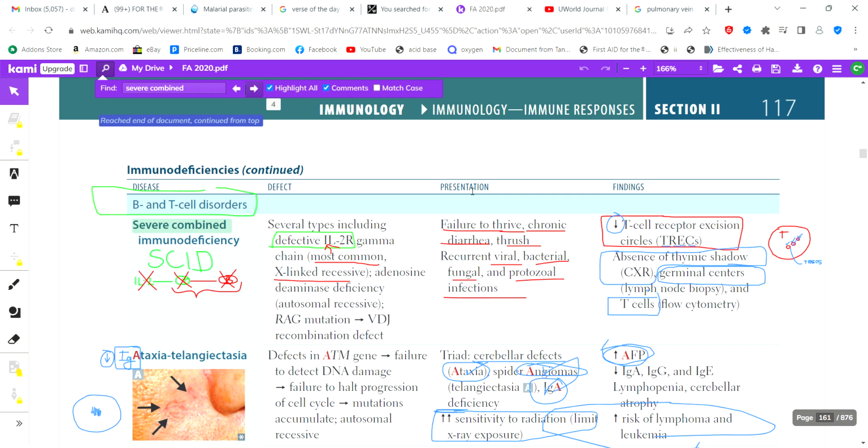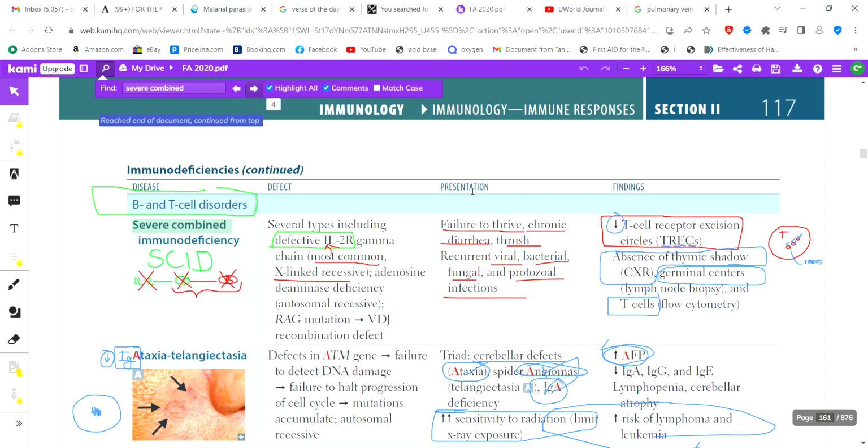We have absent thymic shadow on chest X-ray, and absent germinal centers on lymph node biopsy, and absent T cells on flow cytometry.